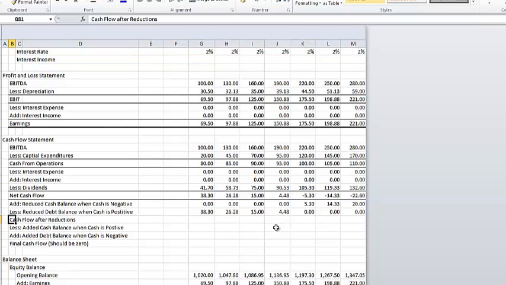Here's if we are... if we have some negative cash flow and we're taking that out of our cash balance for the cash flow statement, that's positive cash flow.